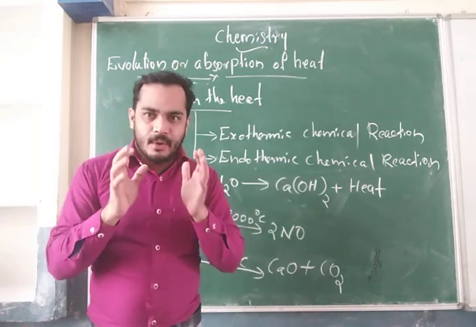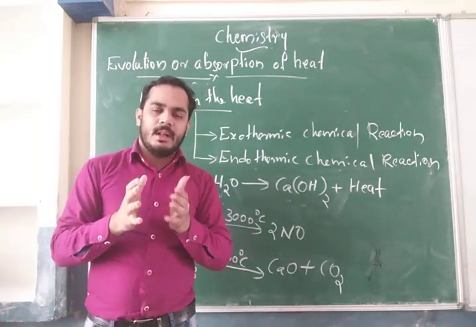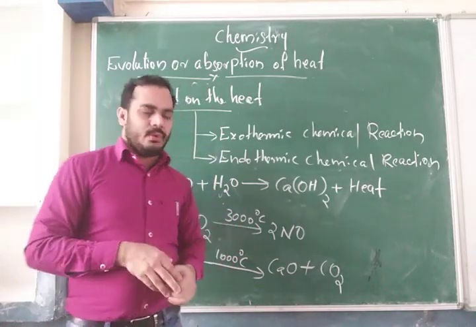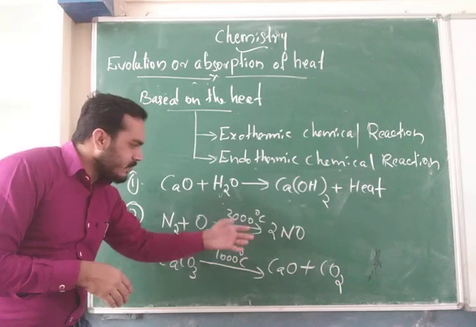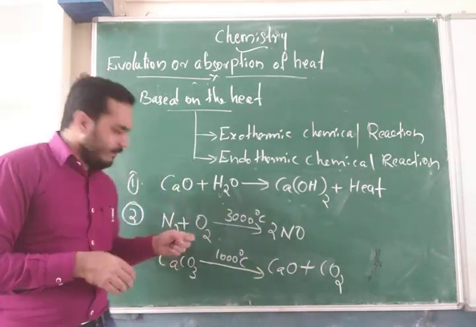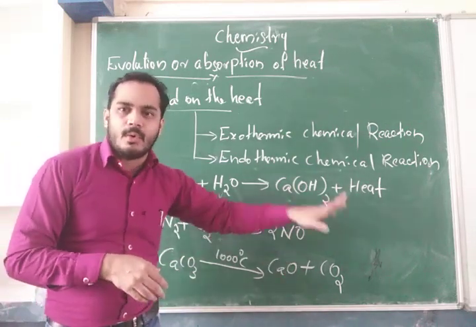For the production of nitrogen monoxide, they need 3000 degrees Celsius. So that's given here. This reaction is also an energy, meaning heat, absorbing process. Here the heat is absorbed to form nitrogen monoxide.